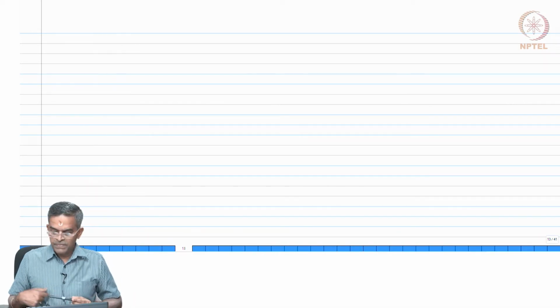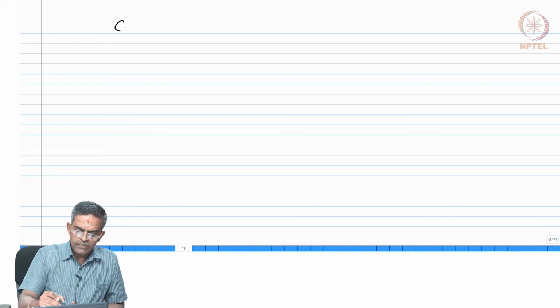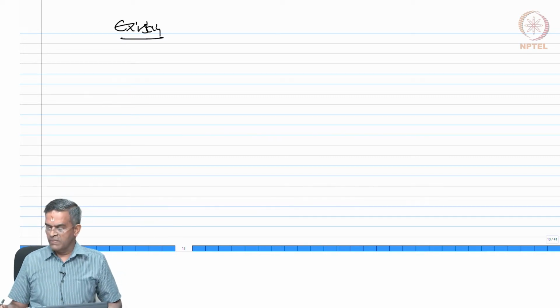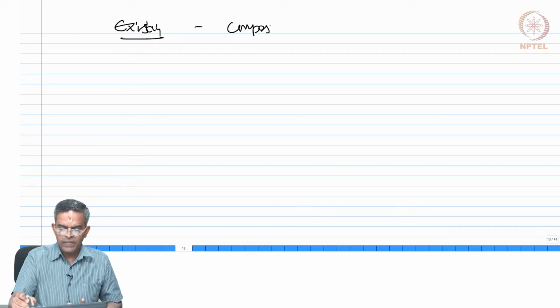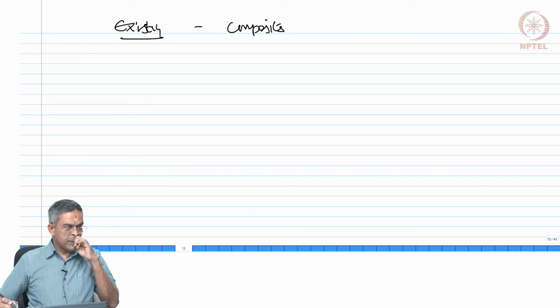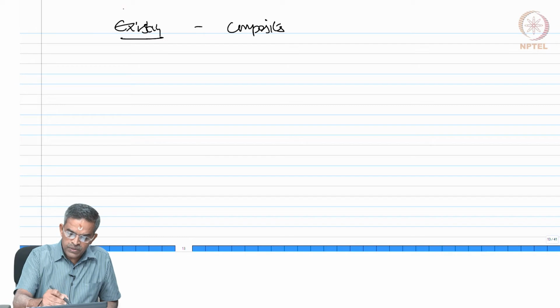So, friends, we are now looking for a new material which can have this combination. What is existing in the literature? Let us see that first before we develop a new material. The existing ones are focused on composites. We have composite materials which are used as an alternate material for marine risers, but they have severe problems.